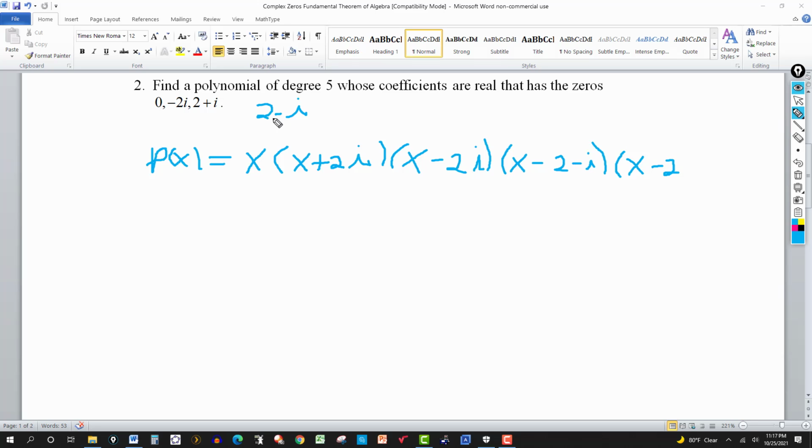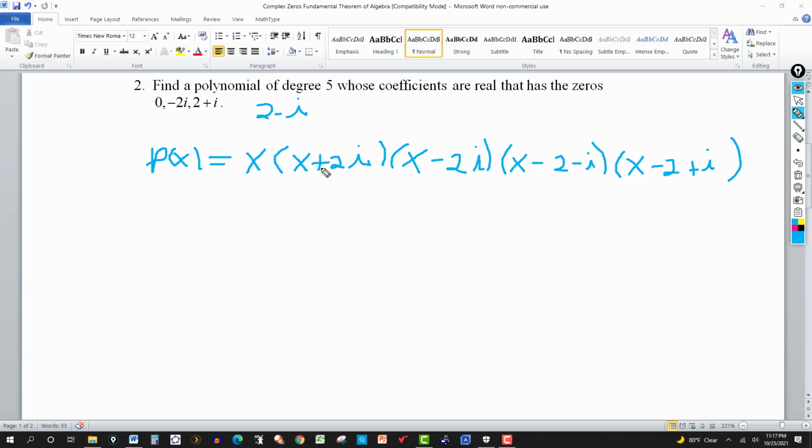And then minus the minus i is a plus i. So we get this. All we have to do then, this is actually the answer, but they want it simplified here.